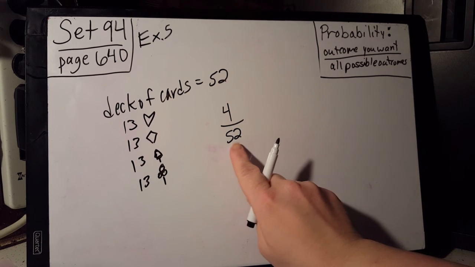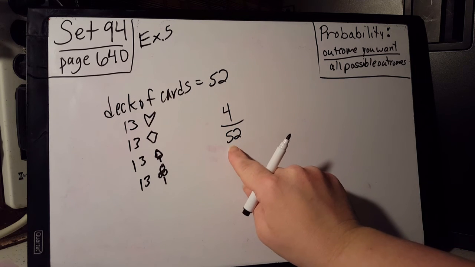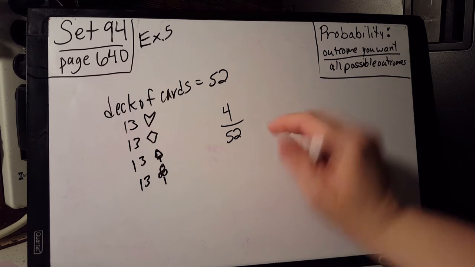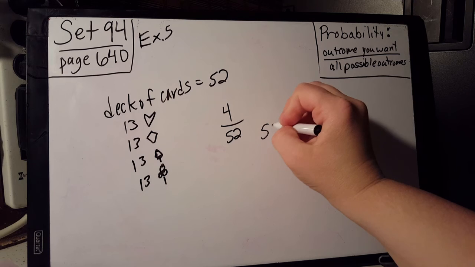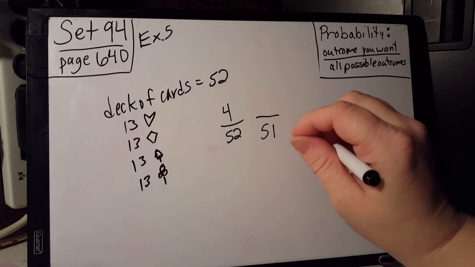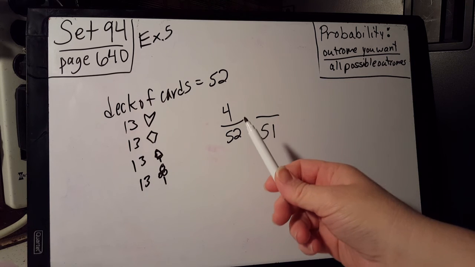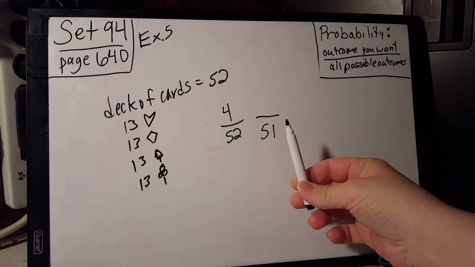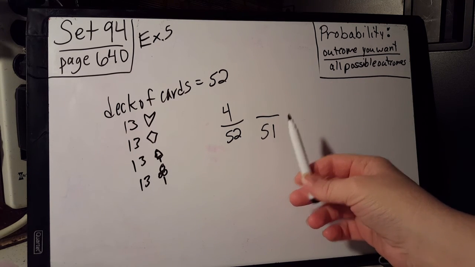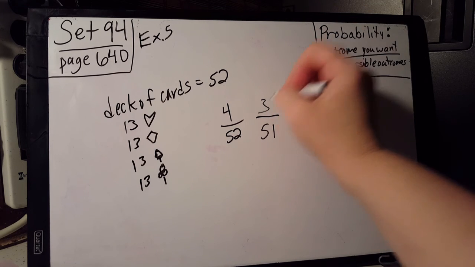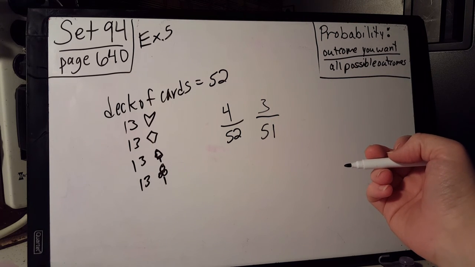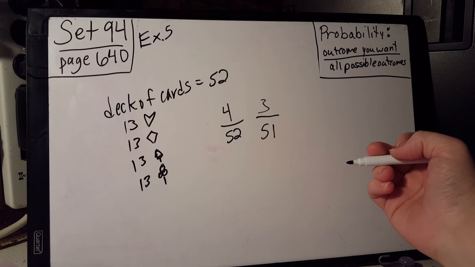The first time she pulled a card out, there were 52 cards. Now that she has pulled a card out, there are only 51 cards left in the deck. So let's say she got lucky and she actually did pull an ace out the first time. Now her chance of getting an ace on the second pull is only 3. She has a 3 in 51 chance of getting an ace on the second pull.